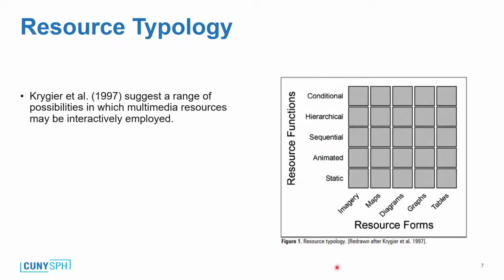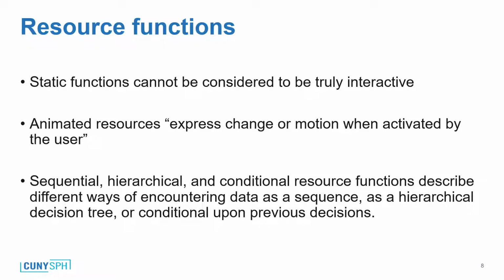Then as you see, interaction starts from a really basic presentation that is the static, and we can have minimal interaction there, but we can interact in animation, we can interact in creating sequences, we can interact in creating hierarchy on the data, or we can create interaction by creating conditions or filtering or restrictions.